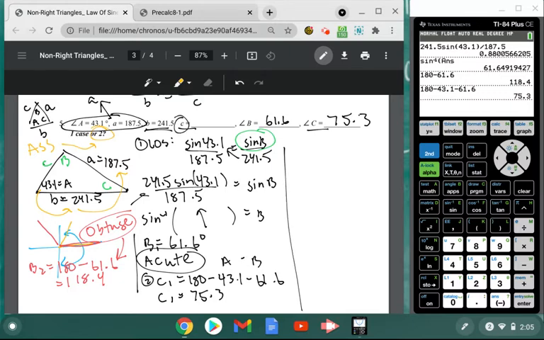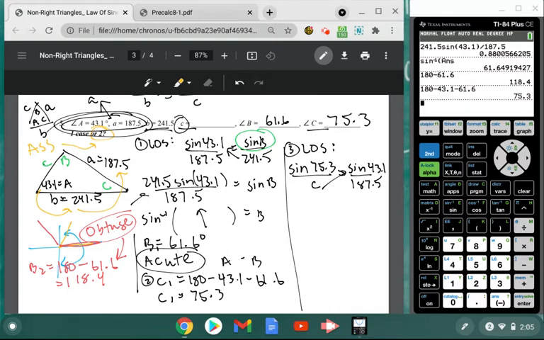To find side C, I'm going to need to use the law of sines again, step 3. I need to use the C ratio. So the sine of angle C, 75.3, divided by side C, which I don't know, is equal to, going back to your given information just in case you messed something up, my A ratio: sine of 43.1 over 187.5.